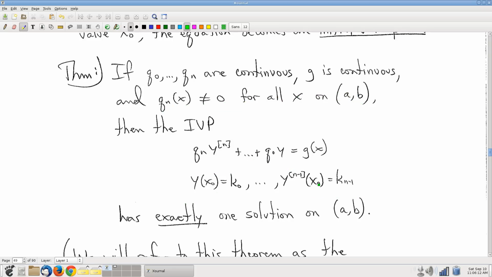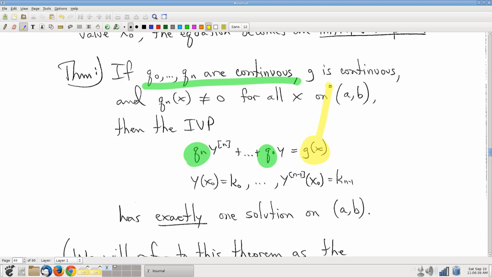Now there are some conditions we do have to talk about. This is not true for all initial value problems. Here are the requirements. These coefficient functions have to be continuous. That's a requirement. If these functions are not continuous, then the theorem does not apply, and we would have to worry about the possibility that there might not be any solutions or there might be multiple solutions.